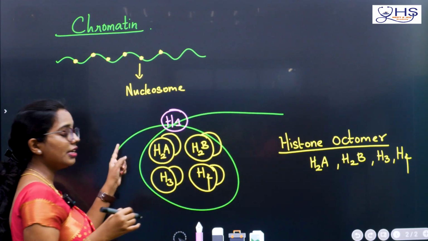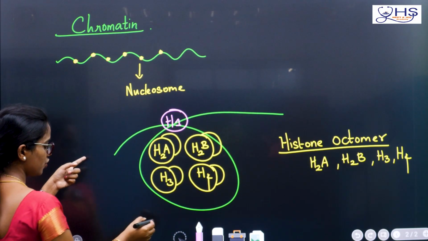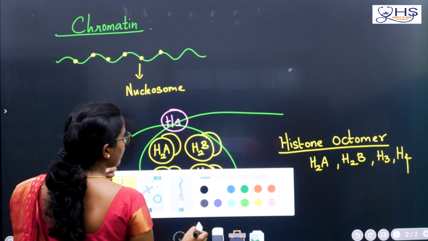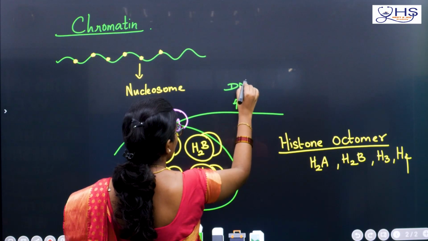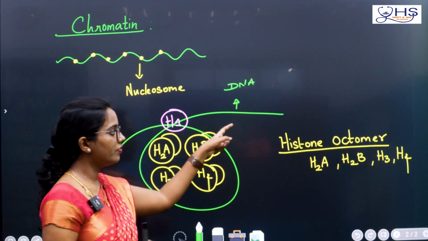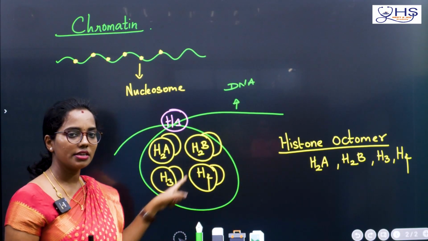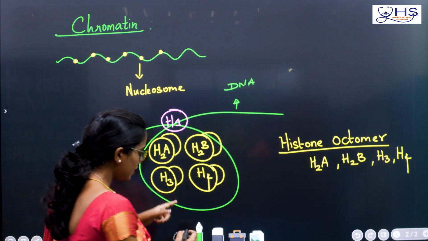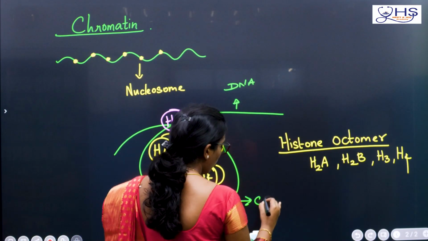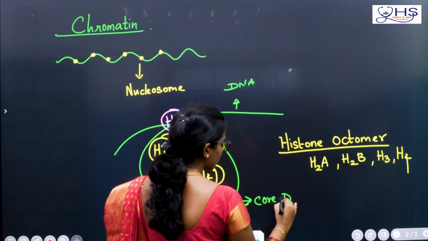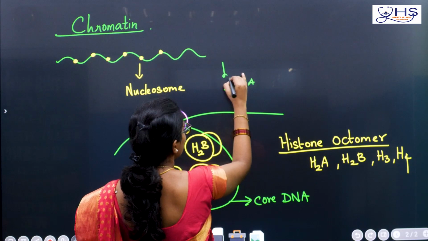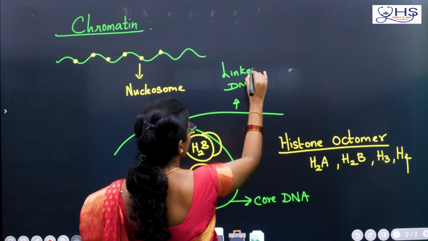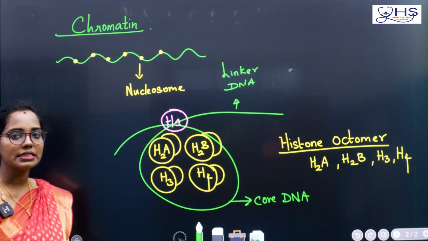The green colored one which I represented here is nothing but DNA. Is there any different terminology between that DNA and this DNA? Yes, this DNA is called core DNA and this is called linker DNA.